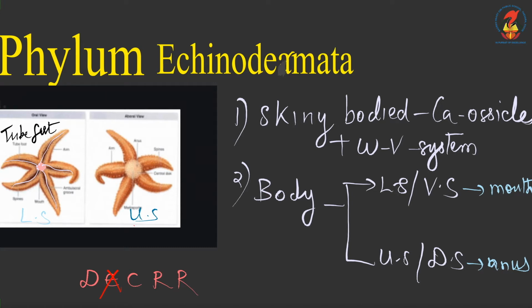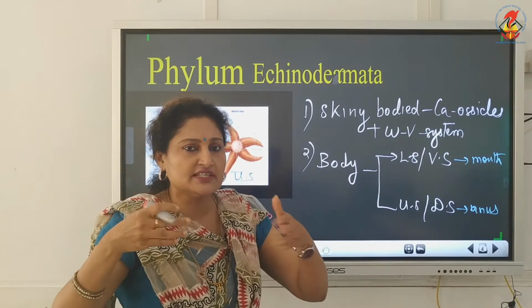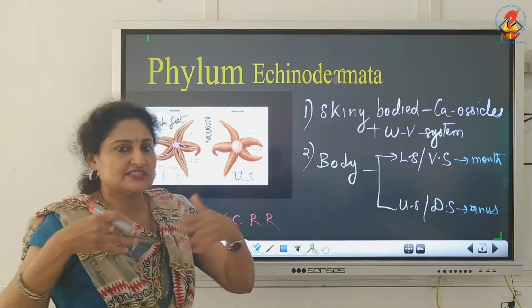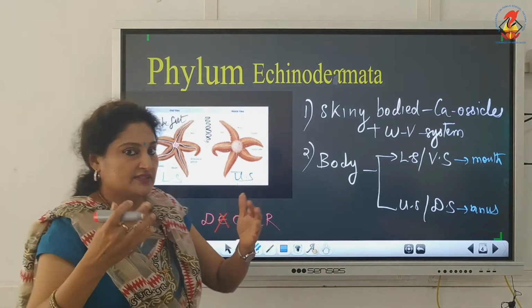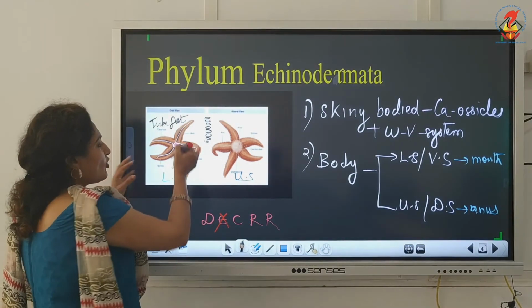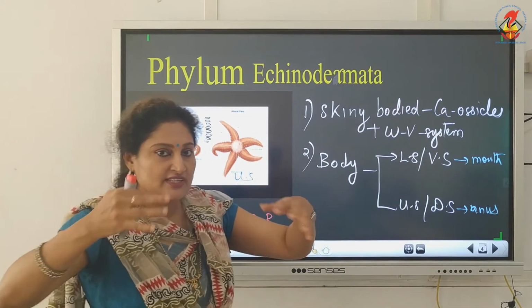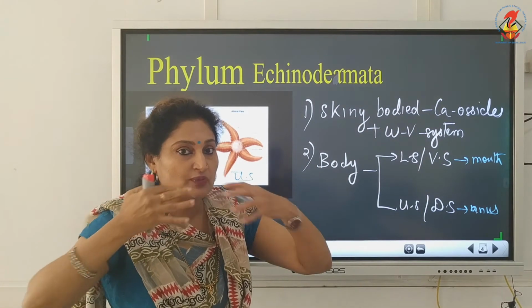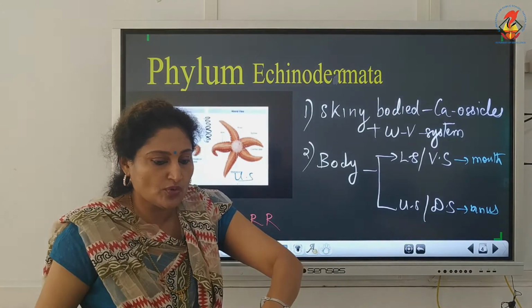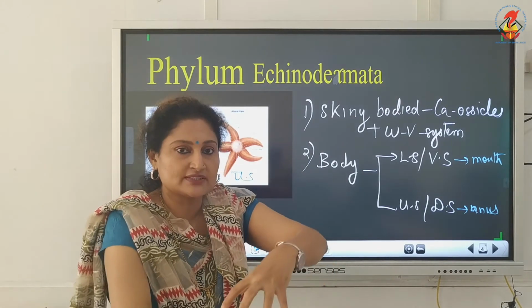So, there are many tube feet. I show the diagram of tube feet like this. You can see a number of tube feet lining the grooves, and these tube feet are constantly in motion. They are constantly beating in one direction, the direction towards the mouth. So, the tube feet are all moving in one direction, directing the water with the food towards the mouth. When you lift a starfish, just below you can see vibration.